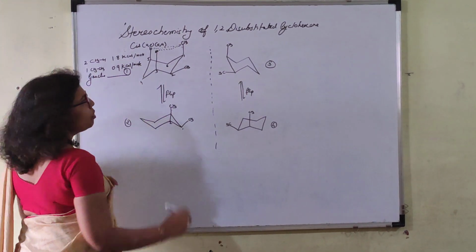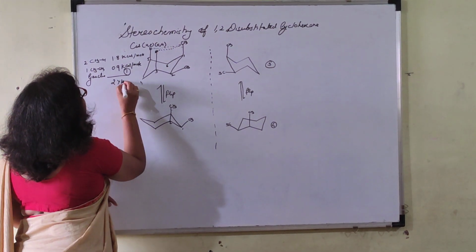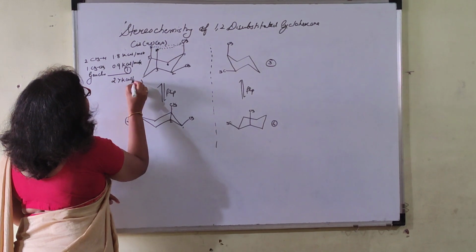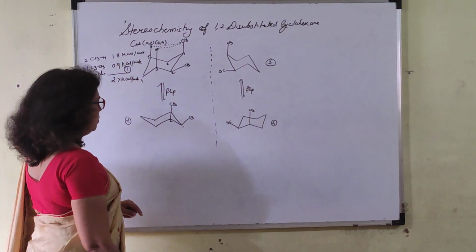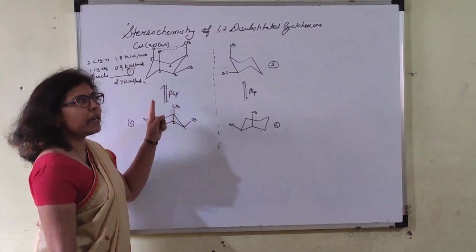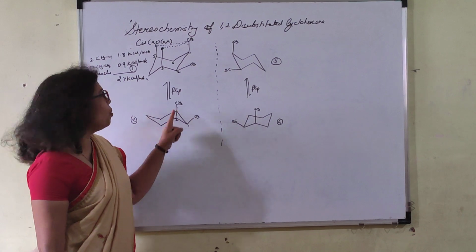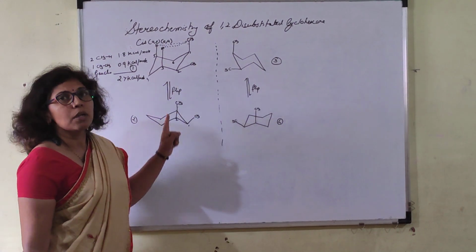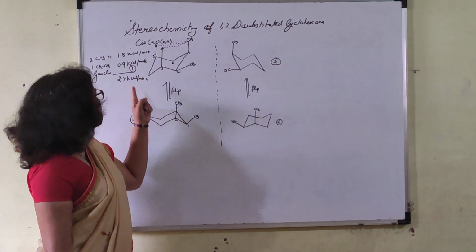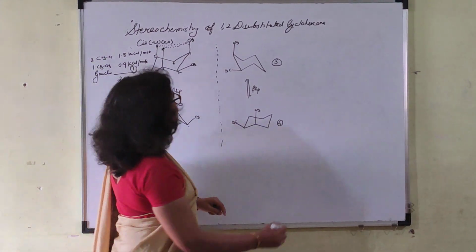Therefore, the total amount of energy associated with this is 2.7 kilocalories per mole. Now, if you see compound number 1 and 2, they both are identical. There is one axial and another equatorial. So, both the conformational isomers will possess 2.7 kilocalories per mole of energy.